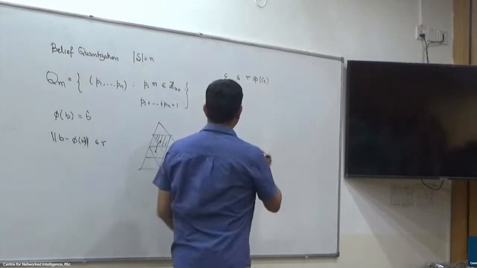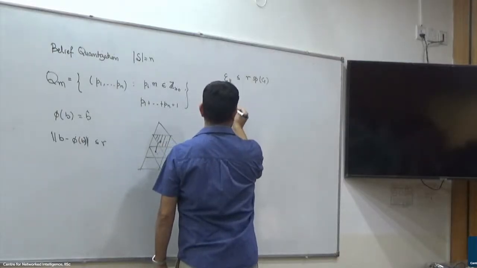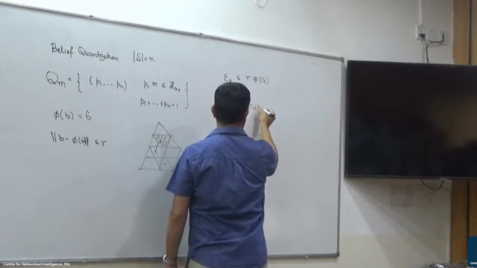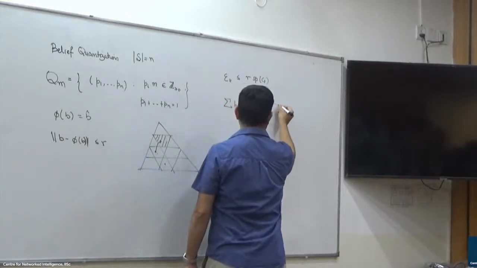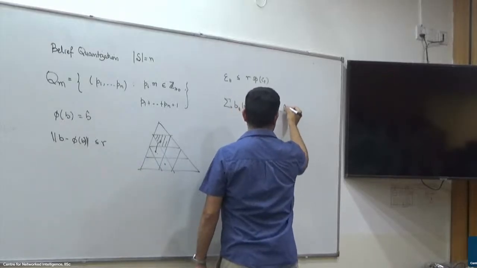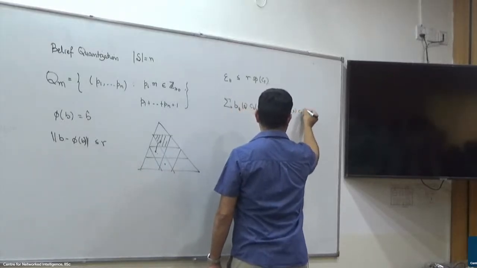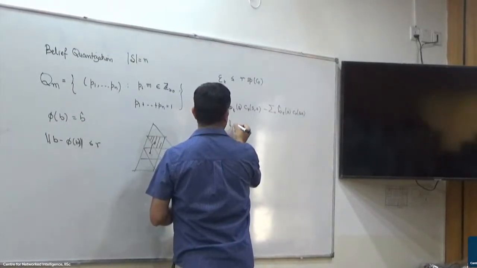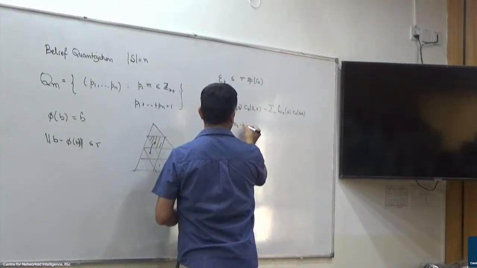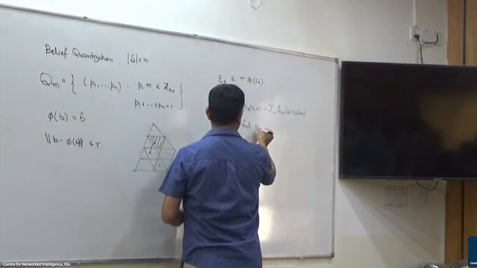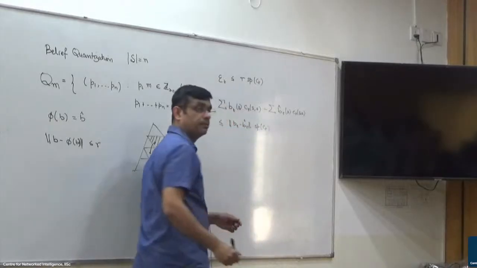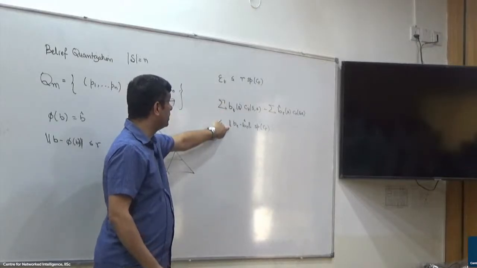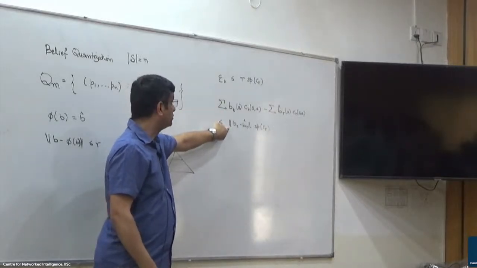So the proof of this is, we have the summation of Bt of s times Ct of s,a minus the summation of B hat t of s times Ct of s,a, and this is less than or equal to the total variation distance between Bt and B hat t times the span of Ct. So I immediately get that my epsilon t will be less than or equal to r times the span of Ct.